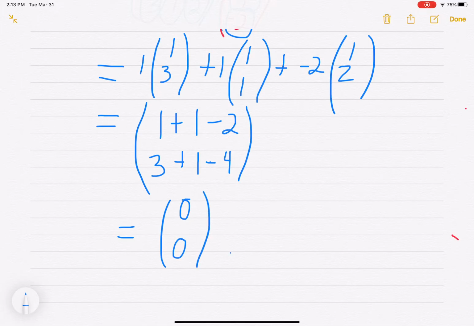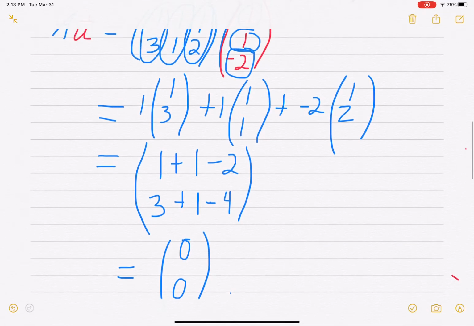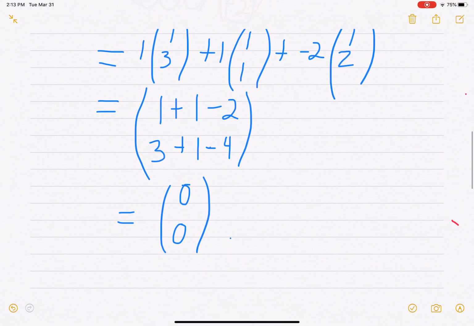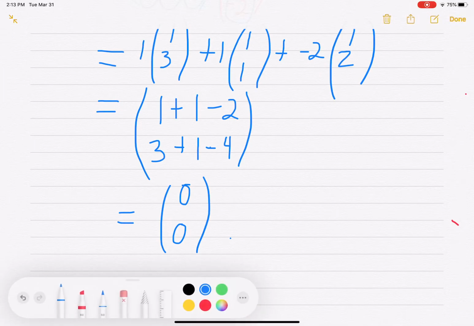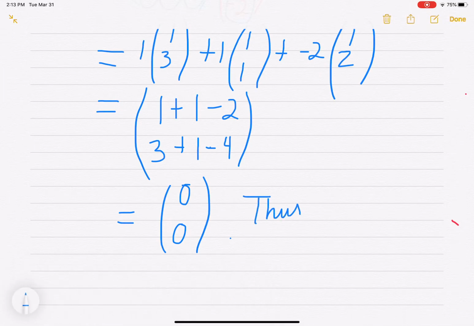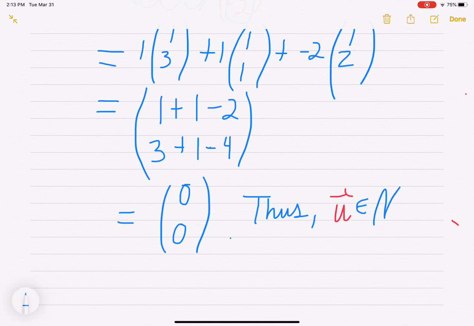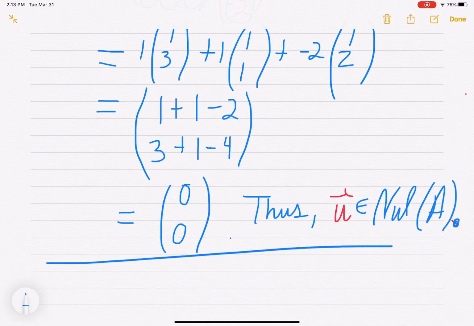So yes, we got 0 when we plugged in u. Thus, u is an element of the null space. It's a solution to the homogeneous equation.